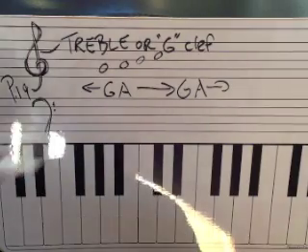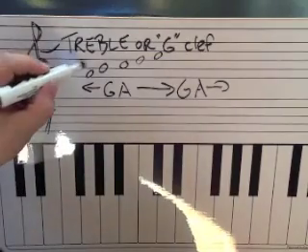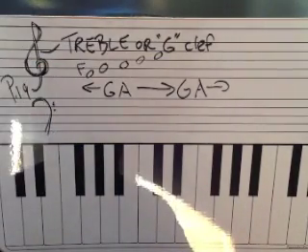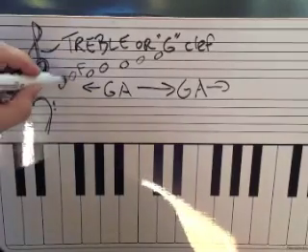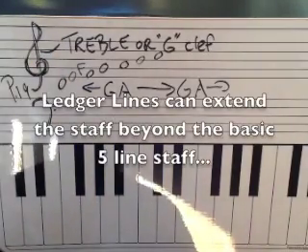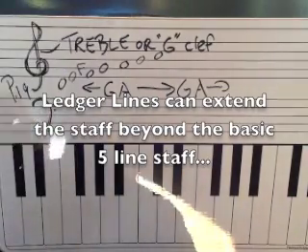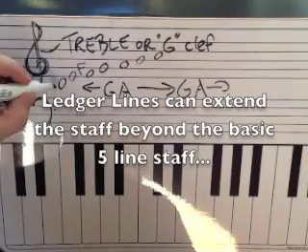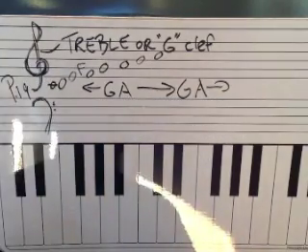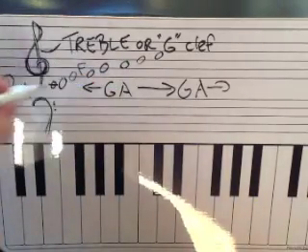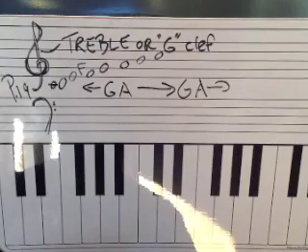And if we went backwards, then below, we have to go backwards through the alphabet, that would be an F right there. And so on. E, D, okay? When we get beyond the 5 lines and 4 spaces, we can add what's called a ledger line. It's like just an extra little line. Instead of writing out an entire whole line below this one, we just add enough for the note right there.